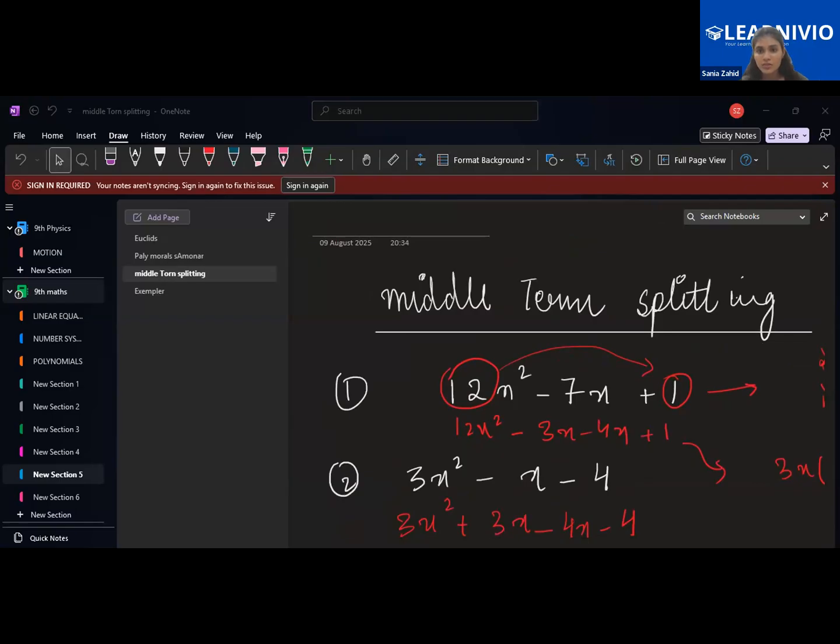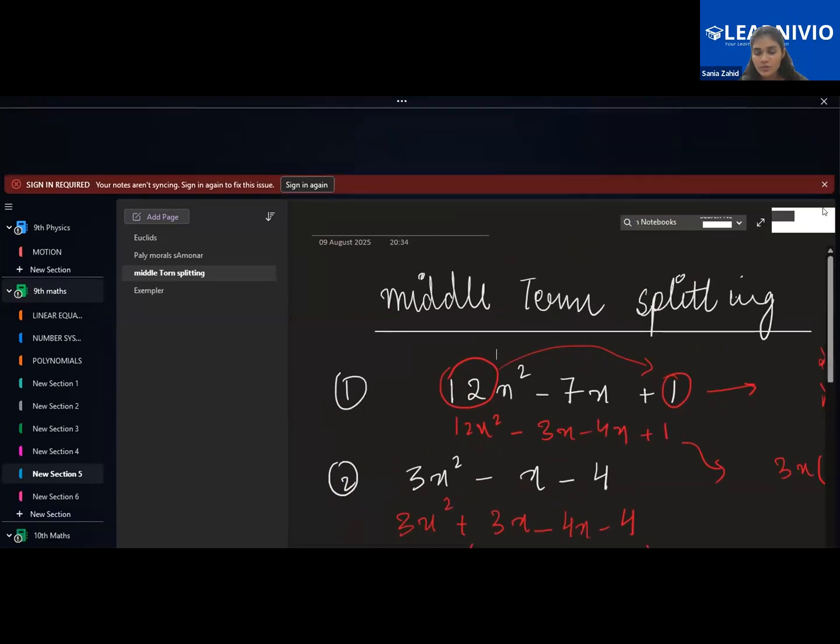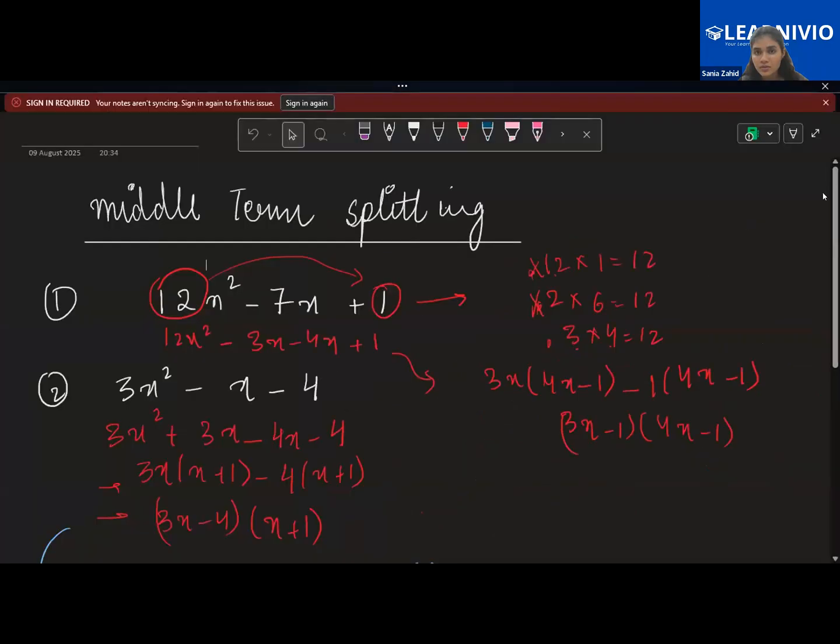Ma'am, we were doing the identities questions. Yes, children, please speak now. My connection was unstable. I could not hear you. Ma'am, in the last class, we were doing questions related to identities. So was I practicing from the NCERT or from the exemplar only?